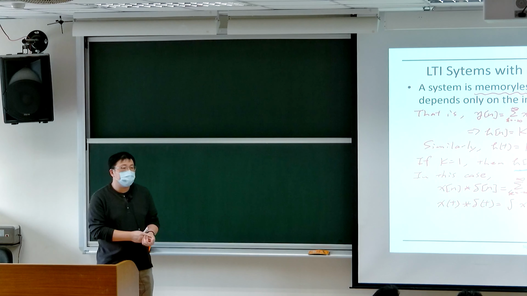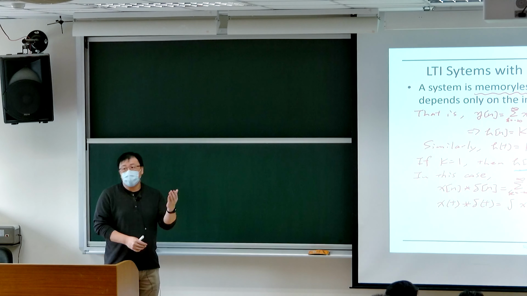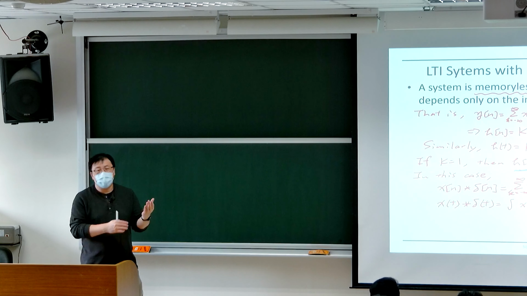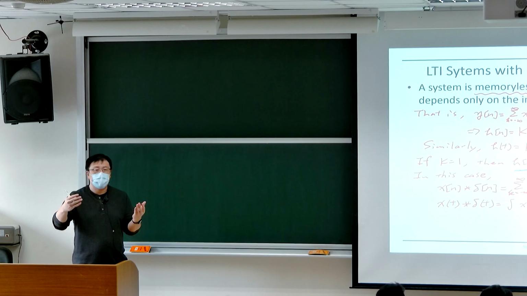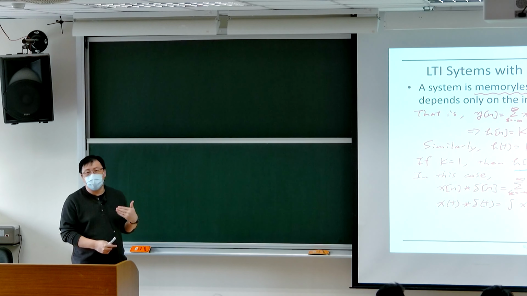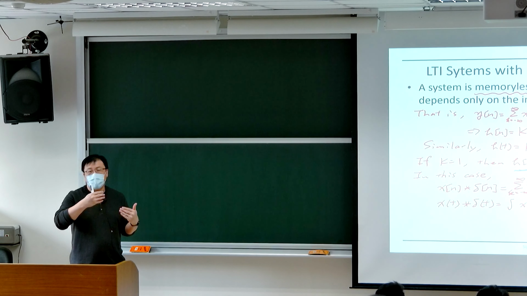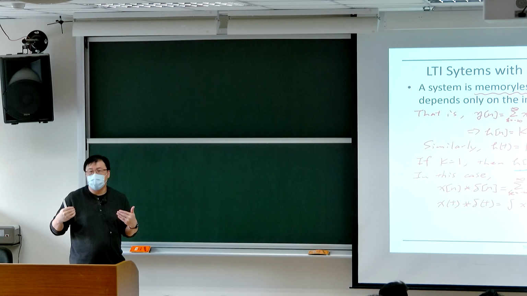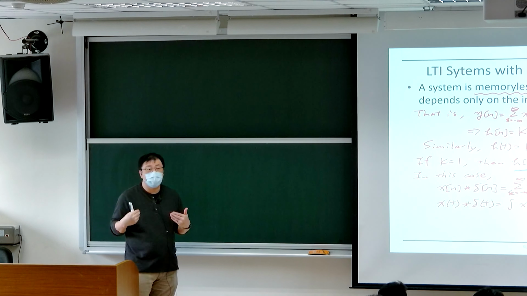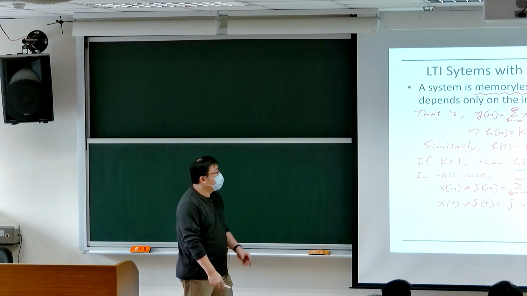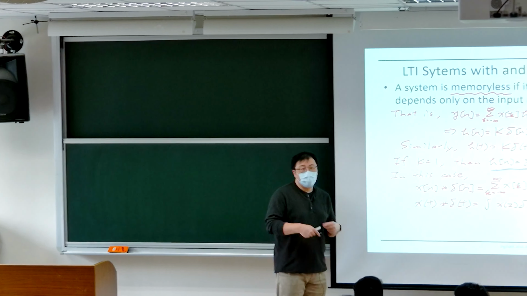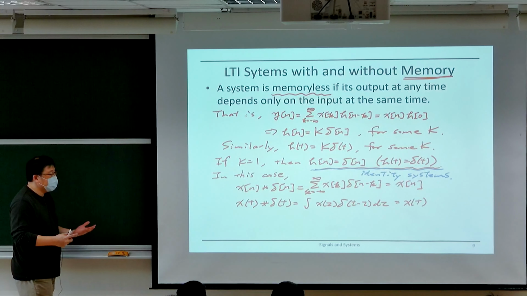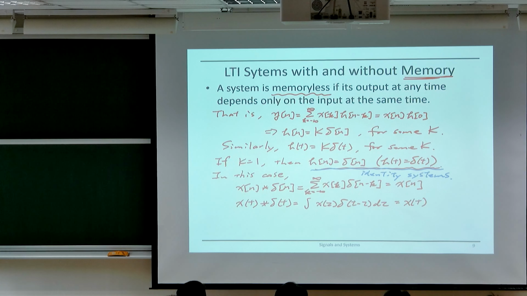This is because any signal can be written as a superposition of unit impulses, and therefore the output would be the superposition of the responses to these unit impulses. Once you are able to obtain the unit impulse response, you will be able to completely characterize the input and output of a linear time-invariant system.